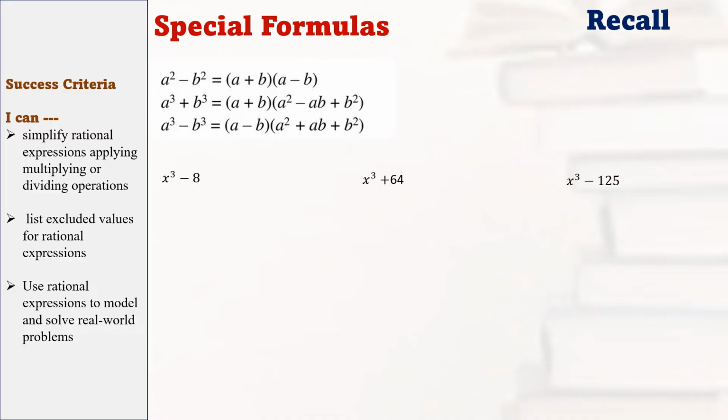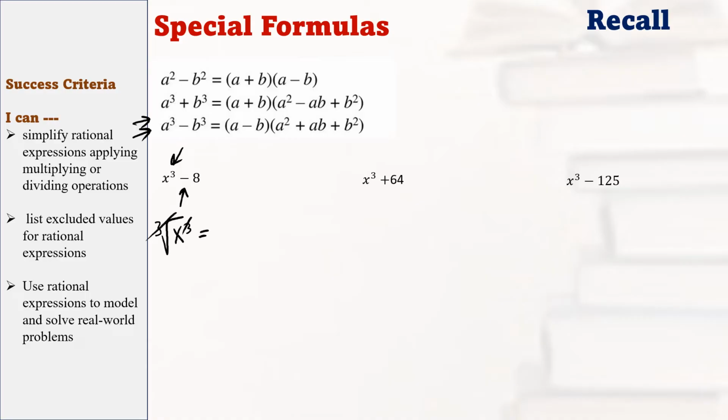Now what will happen if we have a cube formula? In the cube, first thing, before using the formula, see there is a negative sign between the a cube and the b cube. So we are going to use the third formula. Now to find the a, take the cubic root of the first term.